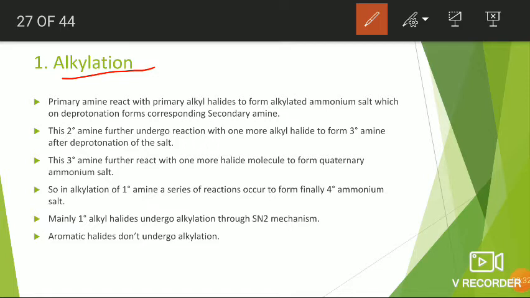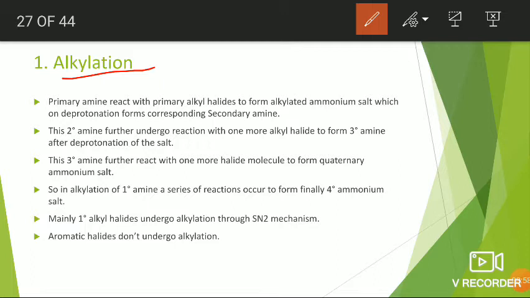Generally alkylation is done by using alkyl halides. In the case of amines, alkylation is a reaction of amines with alkyl halide which produces alkylated amines, generally known as alkylation of amines.